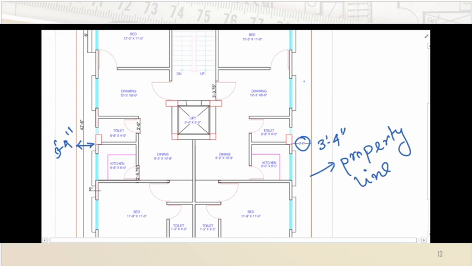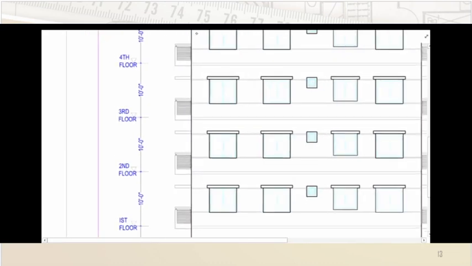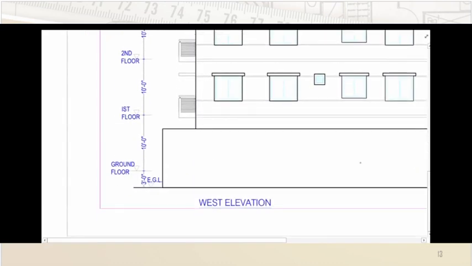First of all, if we go to the west elevation view, as you can see, this is the west elevation view. How to start? In every elevation view, we'll start with a straight horizontal line, which indicates the existing ground level. So this indicates the existing ground level, and after that we keep a 3 feet offset from there.